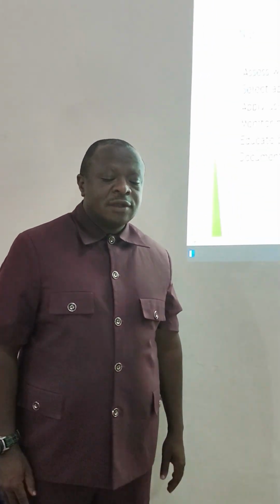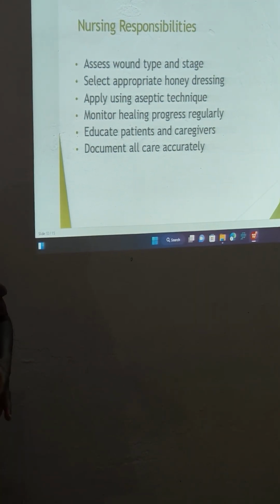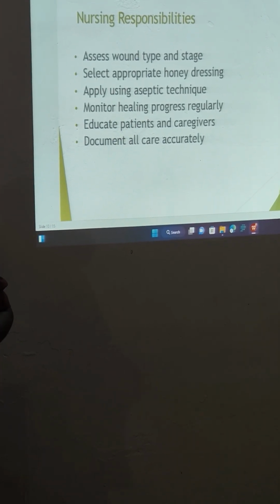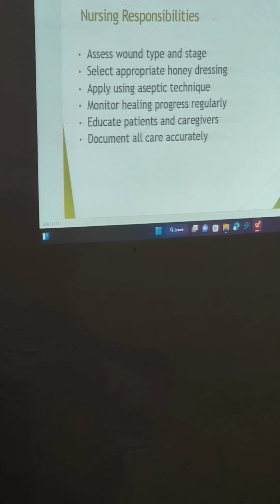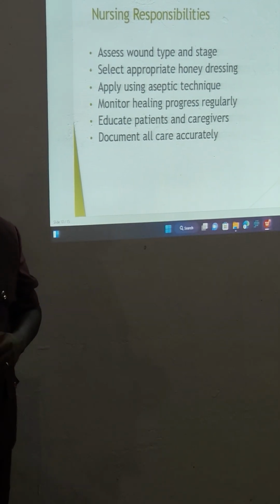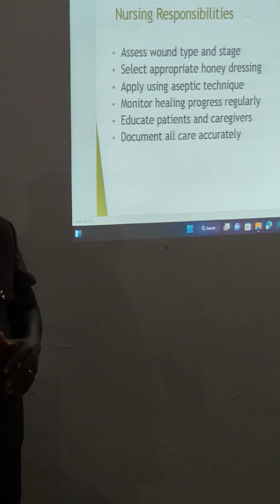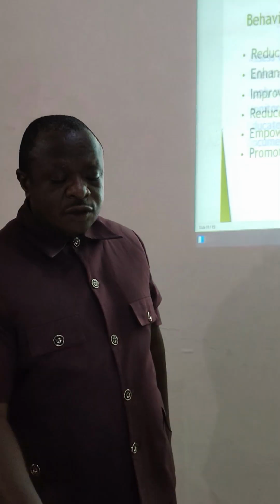When applying honey, assess the wound type and the stage of the wound, select appropriate honey dressing, apply honey using aseptic technique, monitor healing progress regularly, educate patients and caregivers, and document all care accurately.